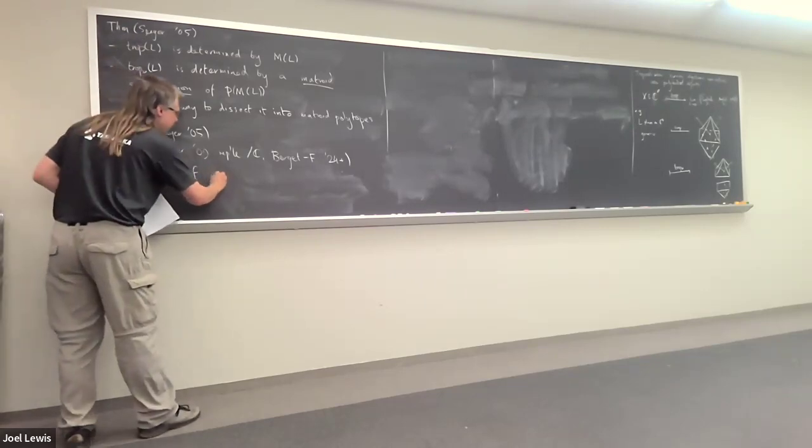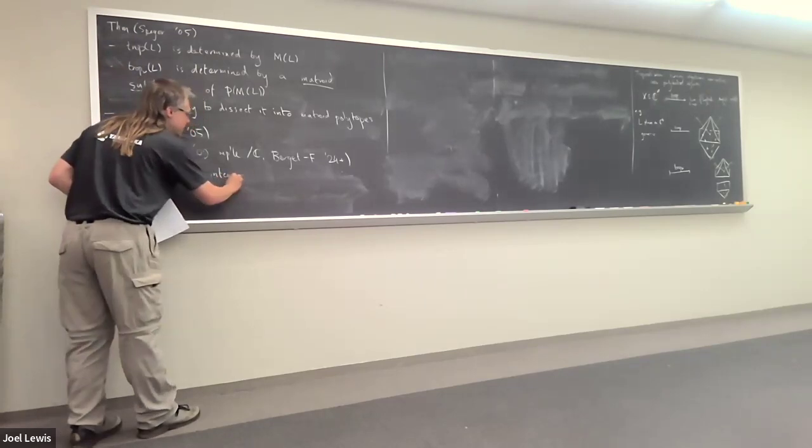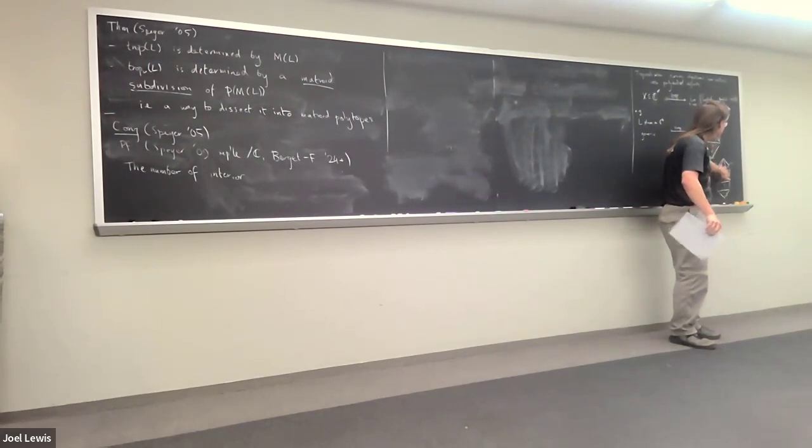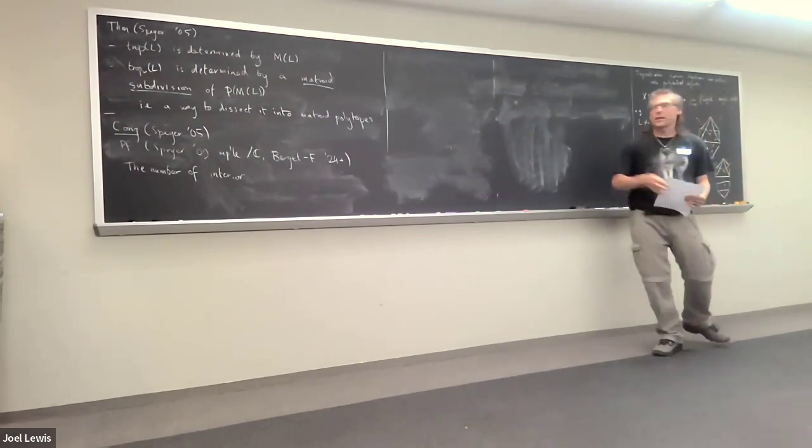I'll look at interior faces, just because they're the ones which are bounded when you dualize like this, and it's easy to adjust the count to throw it together.